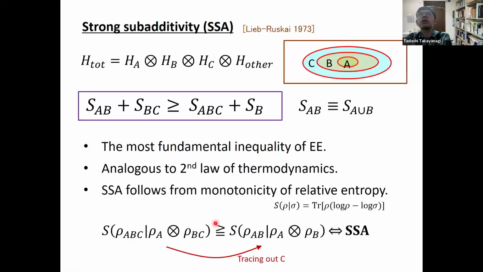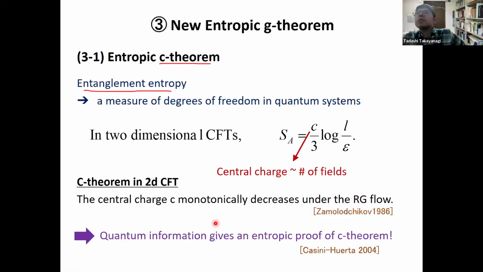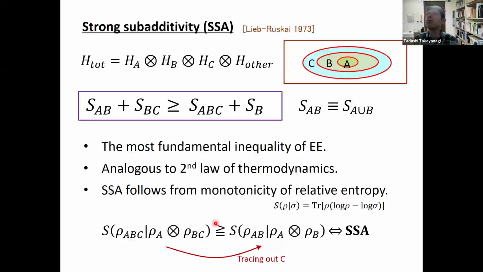So it's very instructive. But to prove that, we need, of course, a starting point. How can we prove a non-trivial theorem? There is a very famous and very fundamental inequality known in quantum information theory. This is called strong subadditivity.